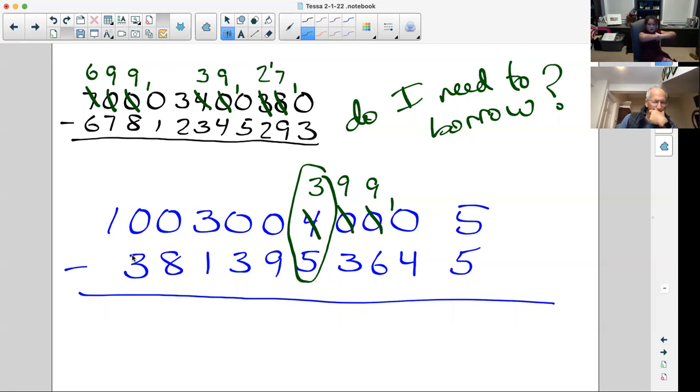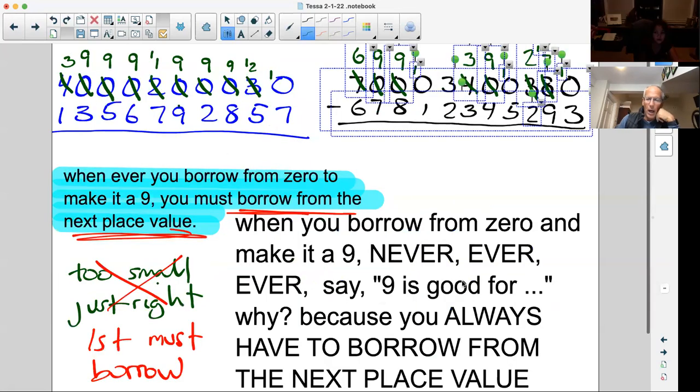3 is too small for 5, so we make it into a 13. We make the 0 into a 9 because we borrowed. 9 is perfect for 9. Wait, did you just say that 9 was good? I said 9 was perfect. No, but it's not perfect.